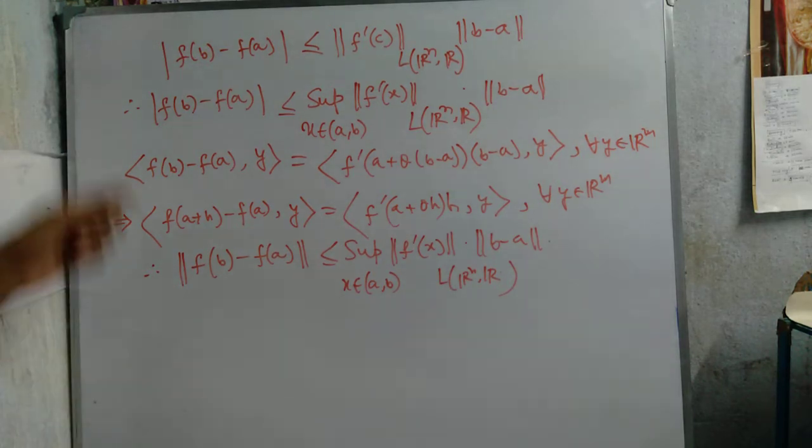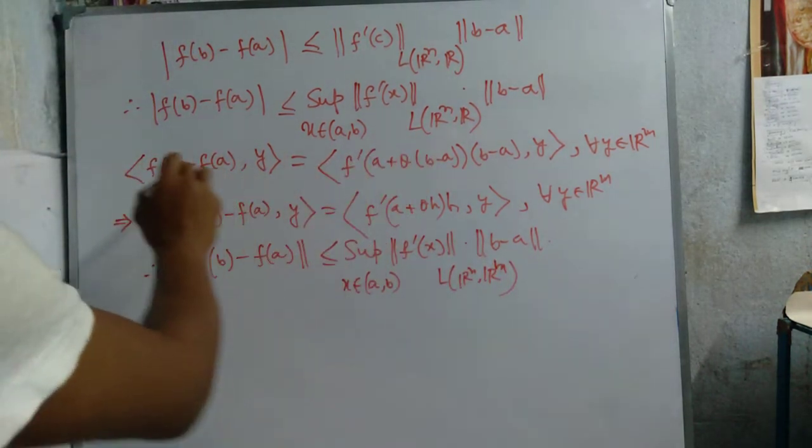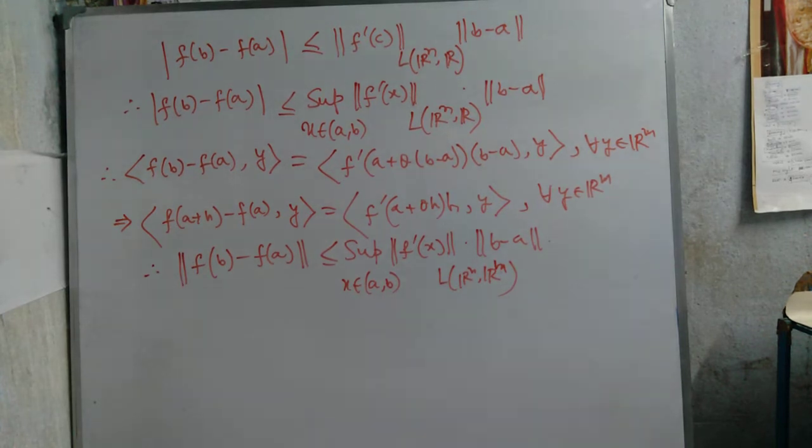Here the mod of this one is less than or equal to R. Not this one is Rm, because this one is an inner product and these two belong to Rm. So this one is the supremum of mod of f'(x), x belongs to (a, b).